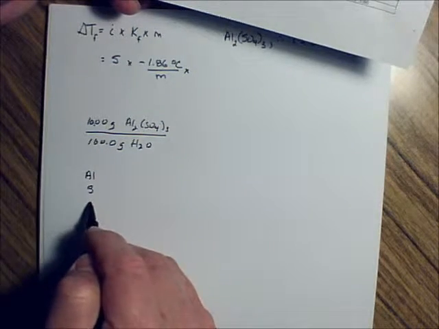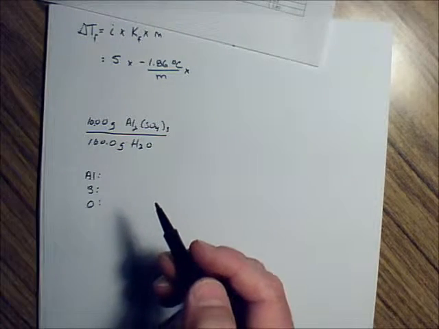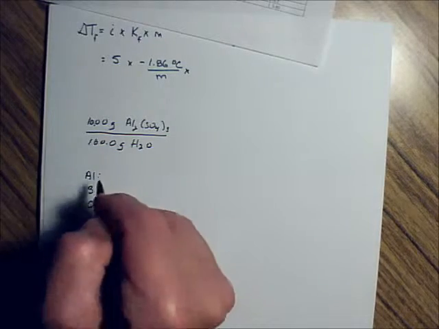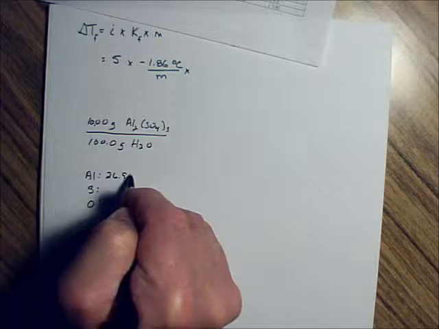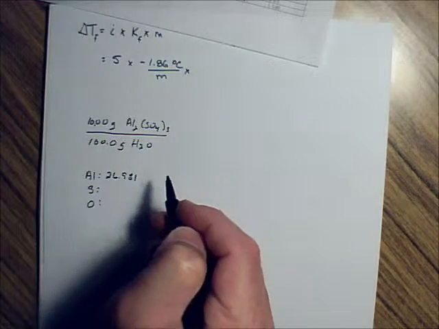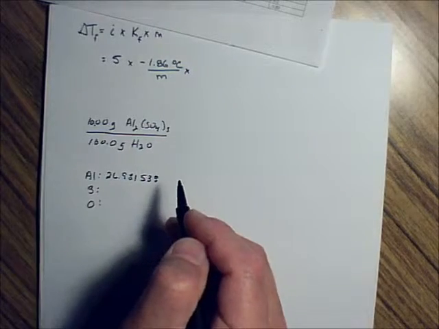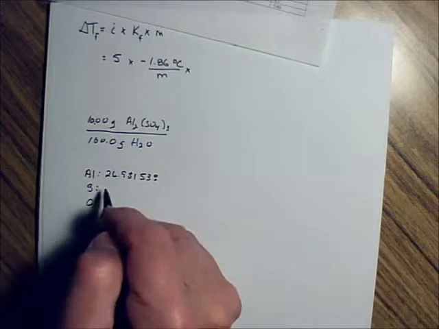Aluminum, sulfur, oxygen. The molar mass of aluminum, 26.981538. Sulfur, 32.065.